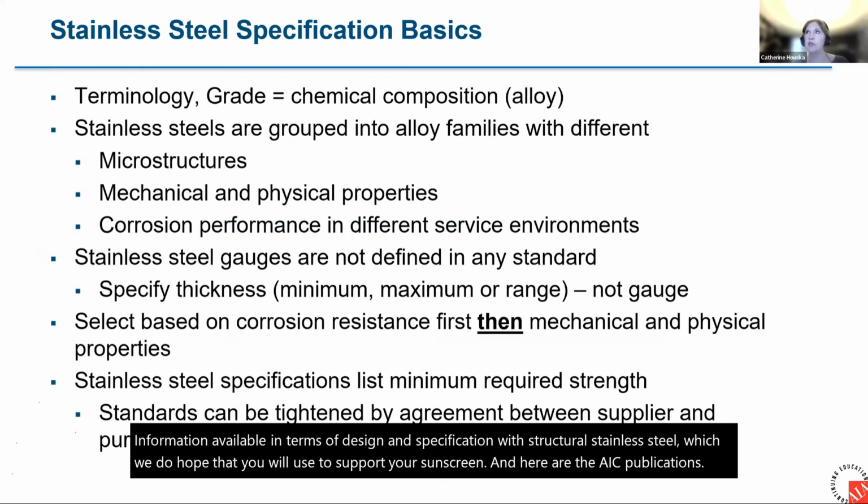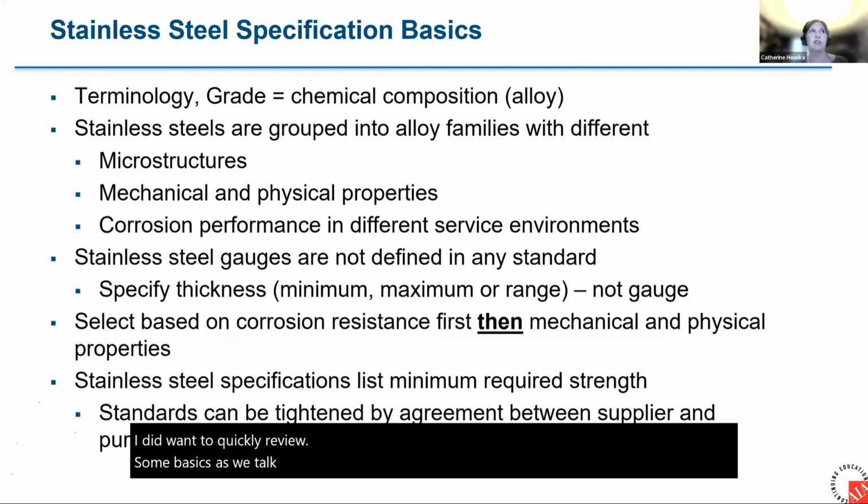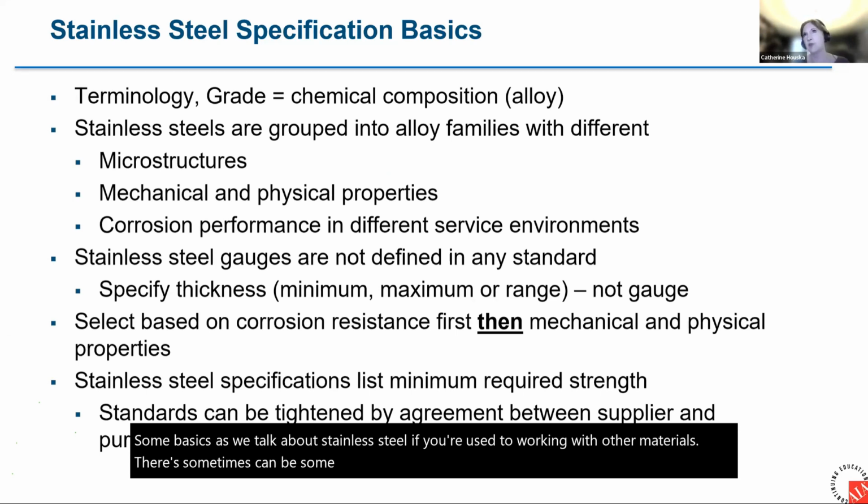I did want to quickly review some basics as we talk about stainless steel. If you're used to working with other materials, there sometimes can be some lack of communication because of terminology.